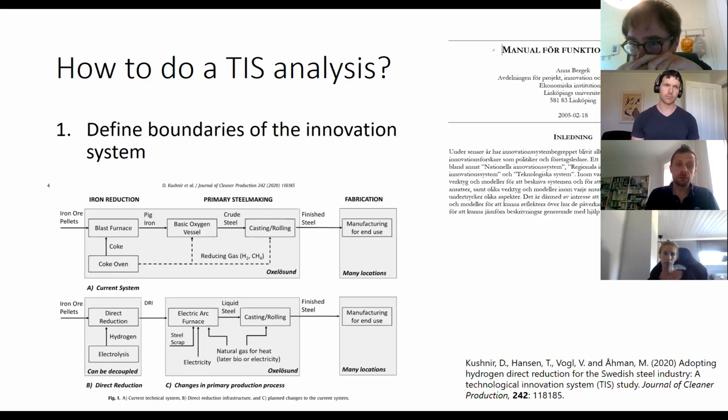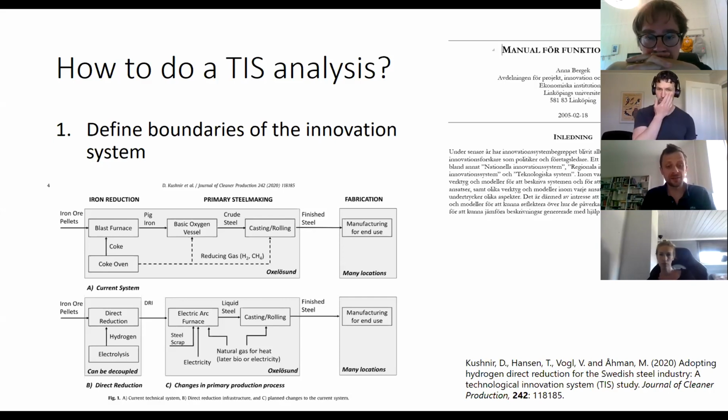And then the final boundary that needs to be defined is, of course, the question of geography, right? So as Lars has pointed out in a critique of the TIS literature, it suffers from a tendency to methodological nationalism, so more or less automatically taking the national scale as the starting point. However, as mentioned before, the TIS approach is originally agnostic about geography.